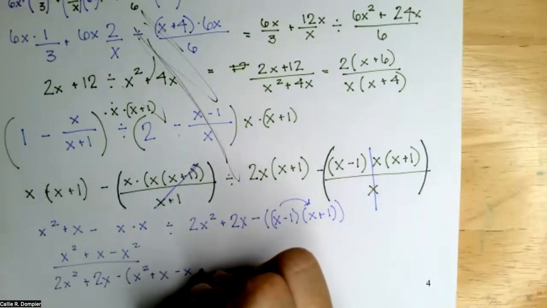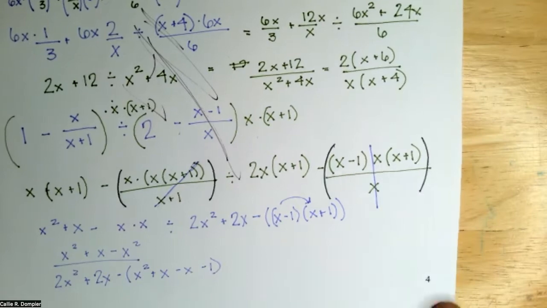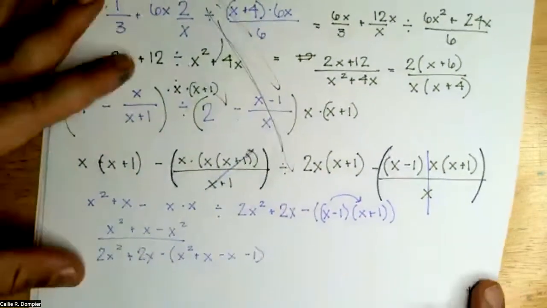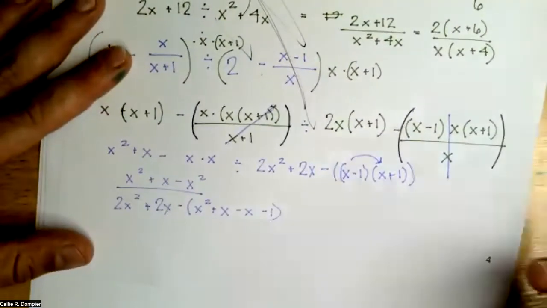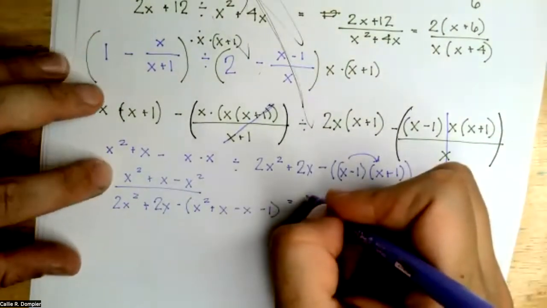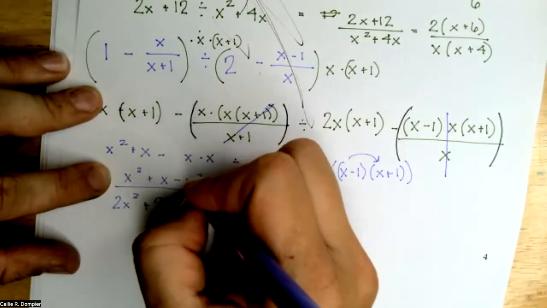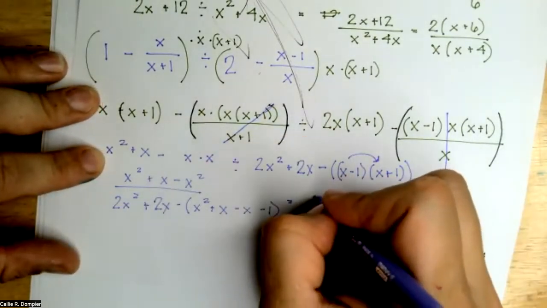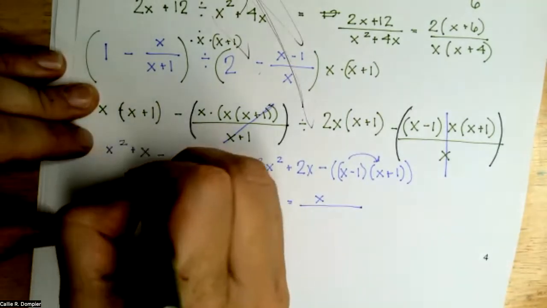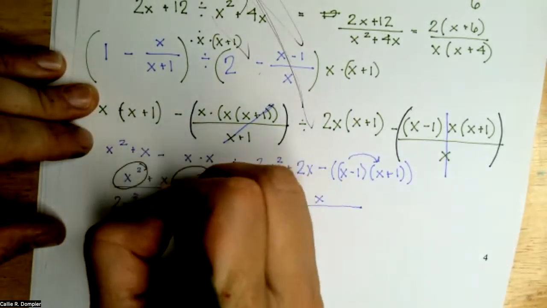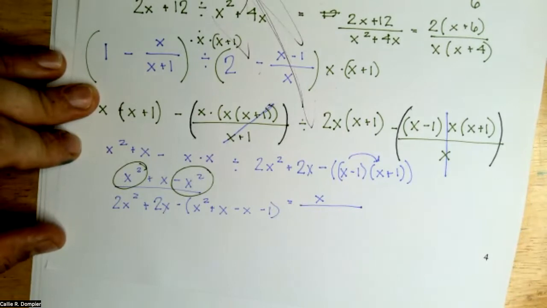Negative x minus 1, if I was to FOIL that. So x squared plus x minus x squared just becomes x, because we're taking a positive x squared and then we're subtracting 1x squared.